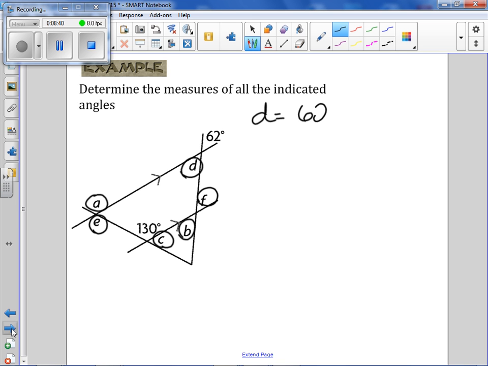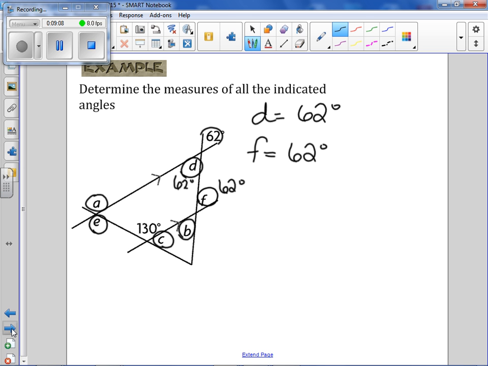That means that D has to be 62 degrees. The next one I'm going to do is F. F corresponds to 62 because they are in the same position. That means that those angles are the same. F is also 62 degrees.